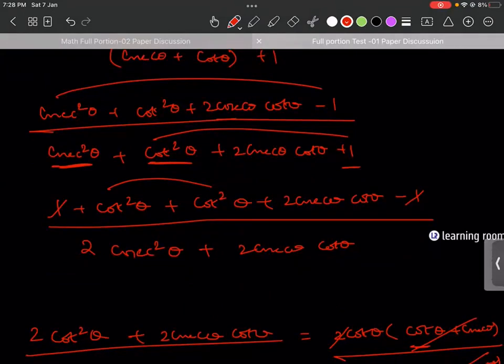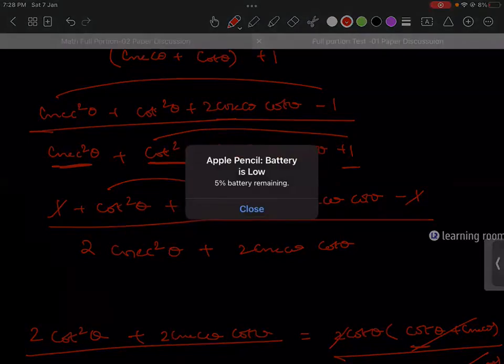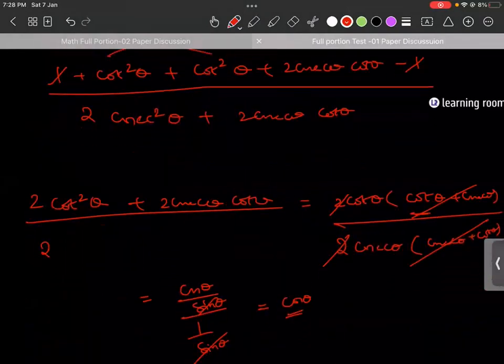So whenever you have these kind of problems, where you have this p square minus 1 by p square plus 1, and you're expected to get a single trigonometric value like cos theta or sin theta, in these kind of problems the numerator and denominator will have some common factor, which will get cancelled. That is the logic I used. So here, what was the common factor I was targeting? It was cot theta plus cosecant theta.